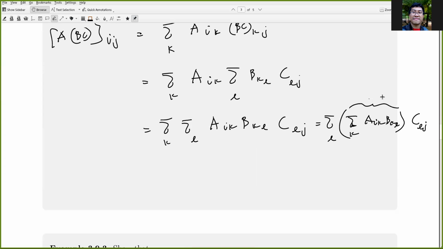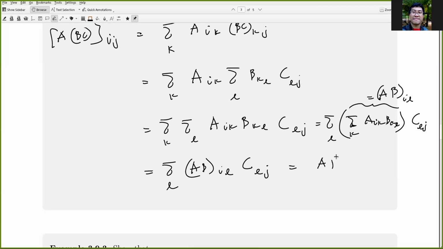This inner sum is just the product AB, specifically the ILth component. So if we sum over all L, (AB)_iL C_Lj, here's our notation again for multiplication of matrices.